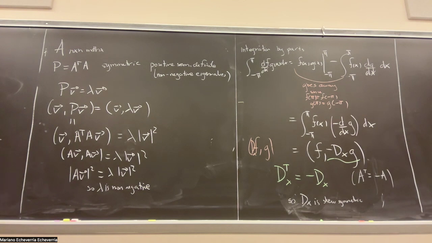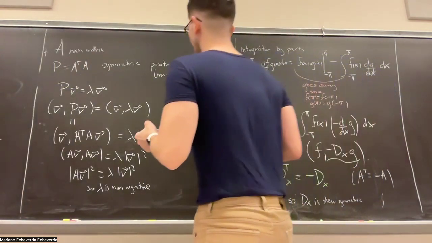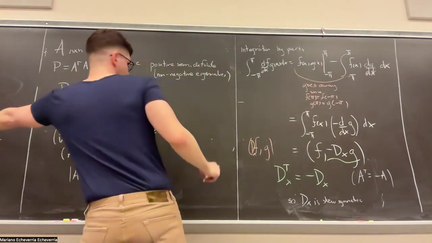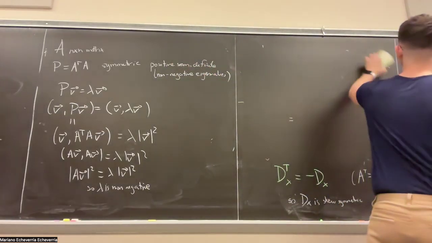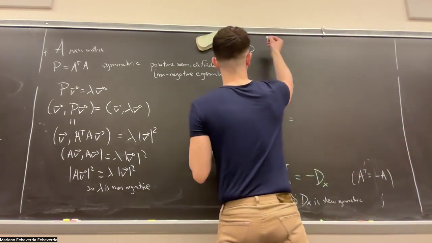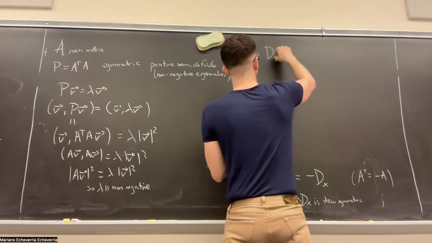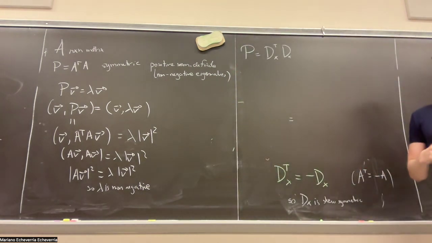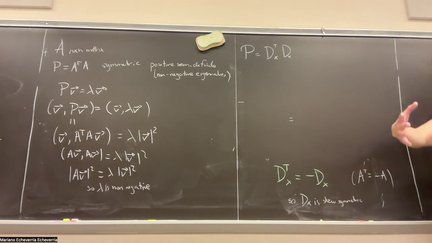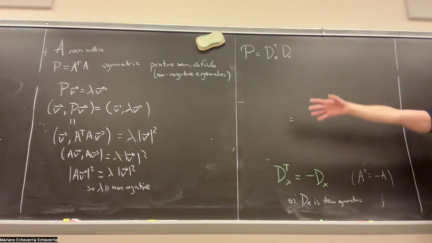And if you think about it, at least based on how I'm defining all these things, this proof more or less carries through whether the matrix or linear transformation is finite dimensional or infinite dimensional. For example, it's essentially the same proof if you take P to be the transpose of the derivative times the derivative. Of course, there's a kind of spectral theorem for things of this sort.